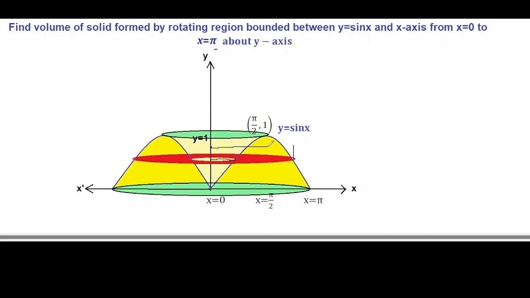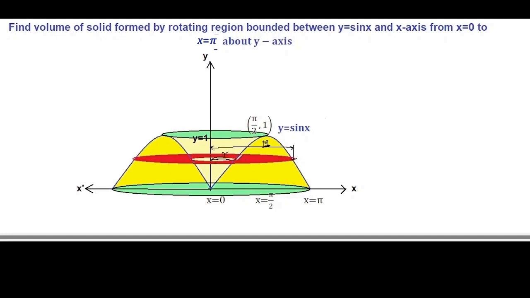To use the disc method, we need to find the volume of this disc and integrate it. Now to find the volume, we need the area of this disc. But here you can see both the inner radius, small r, and the outer radius, capital R, are coming from the same curve y equal to sin x.